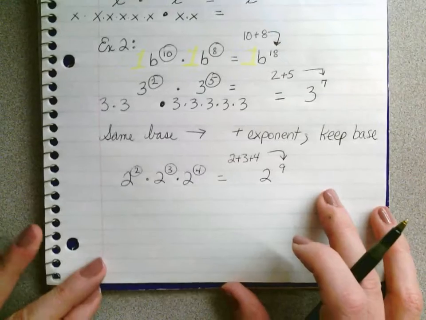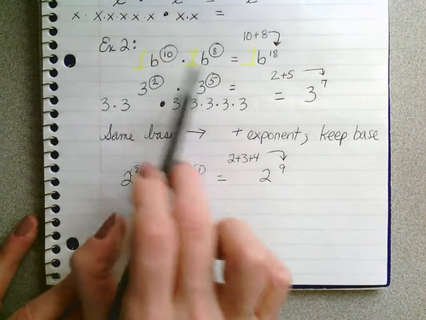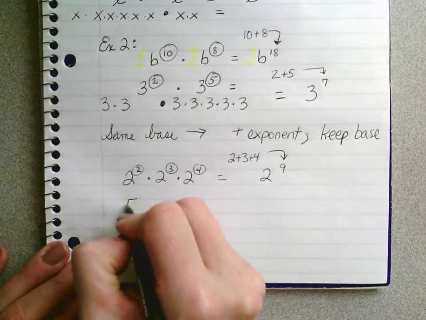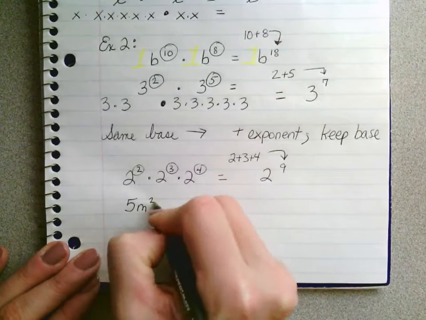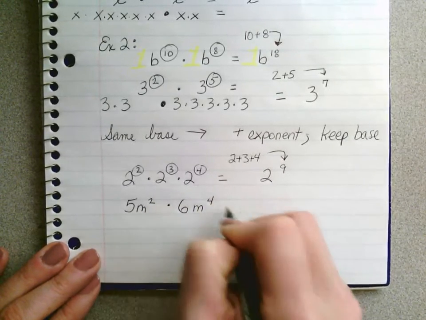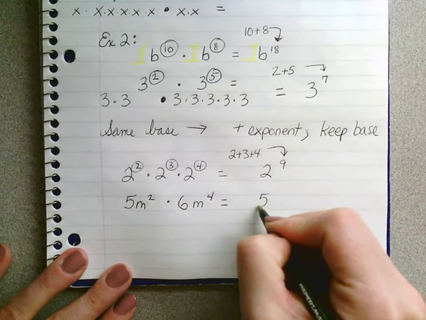Now, if there are, take this b for example, 1b10, 1b8 is 1b18. What if I have 5m squareds being multiplied by 6m to the 4ths? It might be easier for you to see if you commute some stuff around.